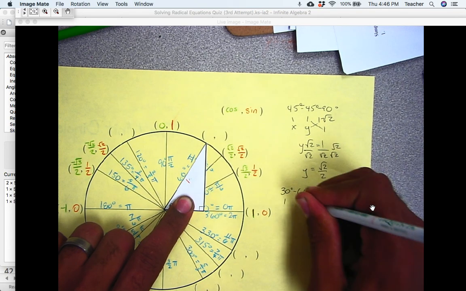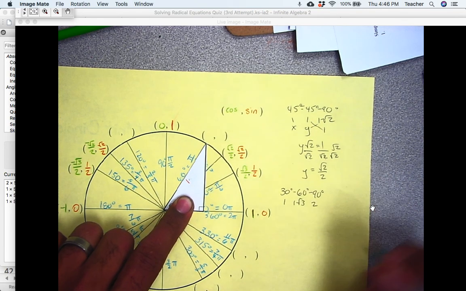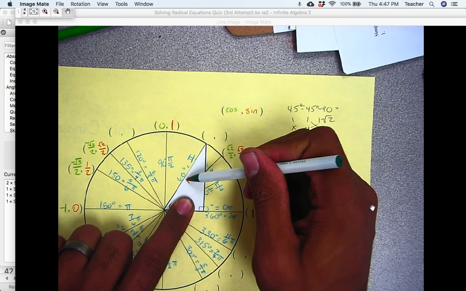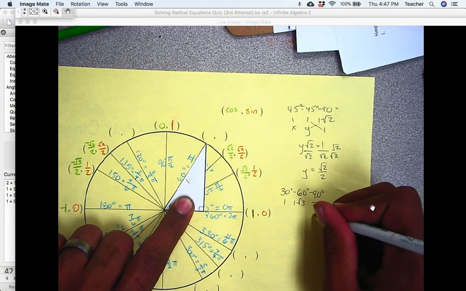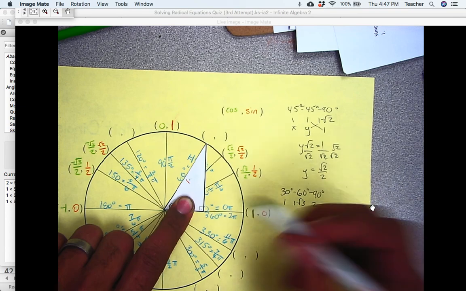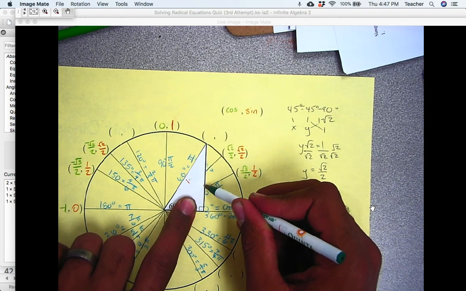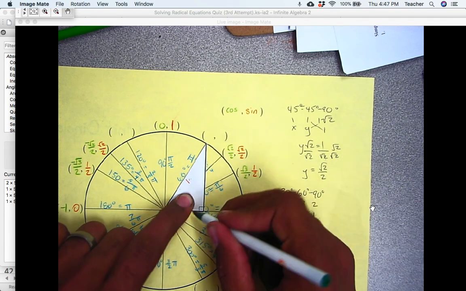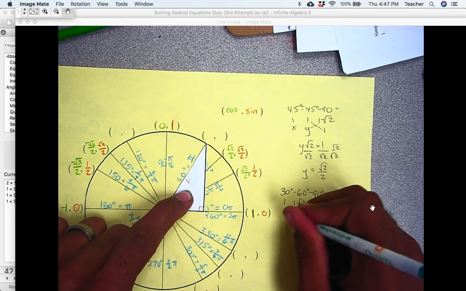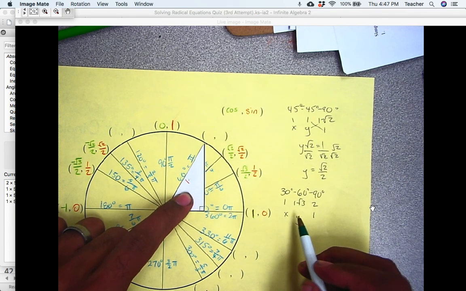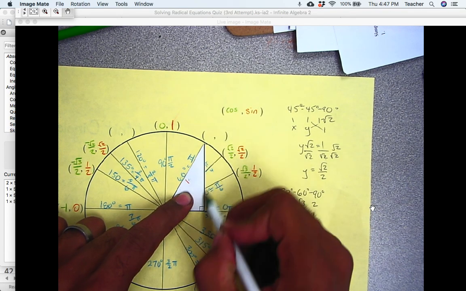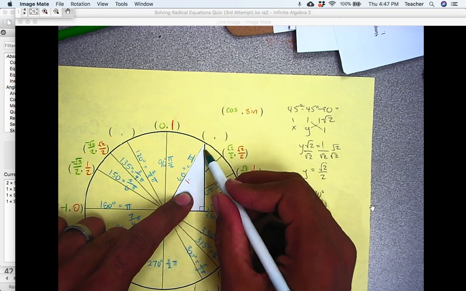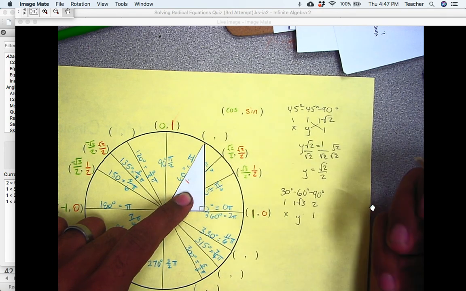This is 1, rad 3, and 2. Now we know that the side across from 90 is 1, so 1 goes there. But we don't know this side across from 60, which is y. And this side down here is going to be our x. It's important to remember that that's the side that's y, because that's the vertical side, which pertains to y.